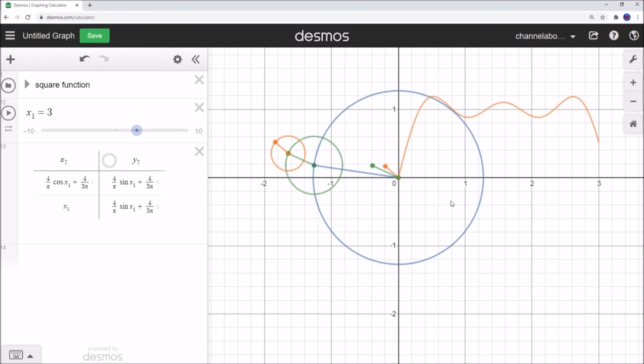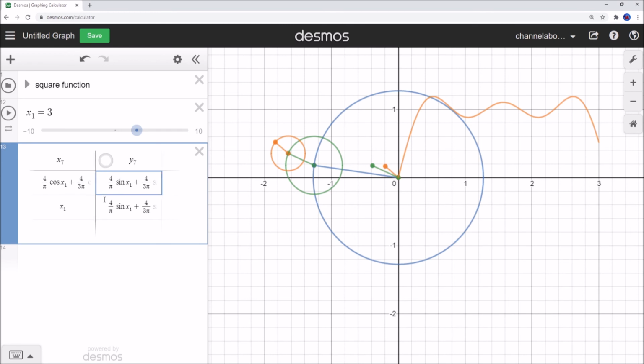So the x coordinate here is going to be given by the x coordinate of the blue one, which is 4 upon pi cos x1, and then we're going to have the x coordinate of the green line, which is 4 upon 3 pi cos 3x1, and then the x coordinate of the orange line, which is 4 upon 5 pi cos 5x1. And again, the same for the y coordinates, but the only difference is it's not a cosine, it's going to be the sine. Now that's going to give us this point here.